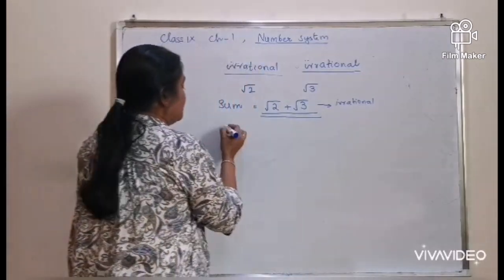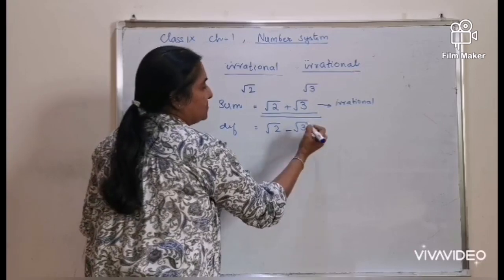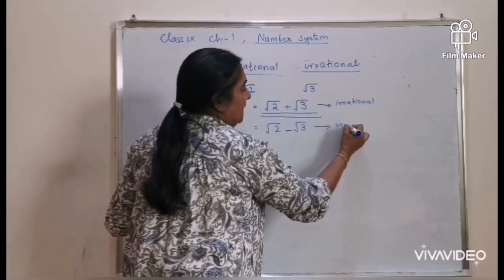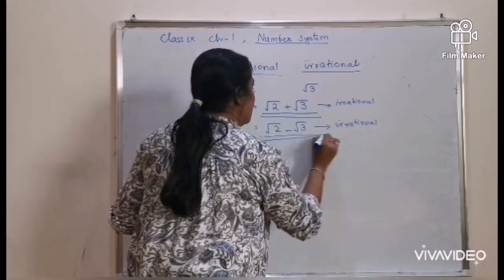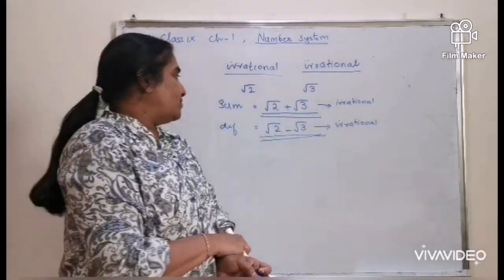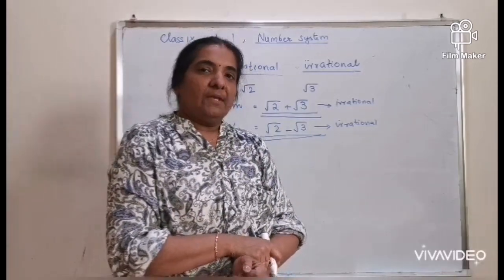Similarly, if you take the difference of square root 2 and square root 3, again it cannot be further simplified, and the answer remains as square root 2 minus square root 3.